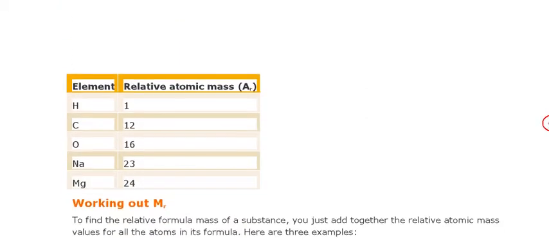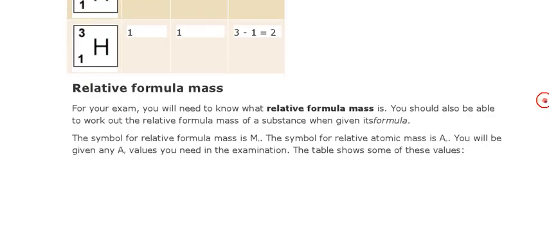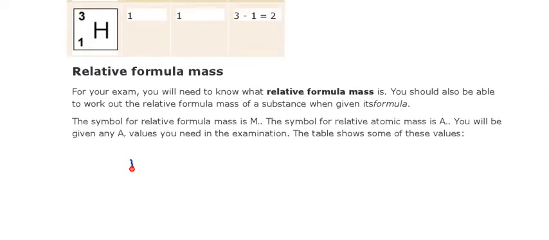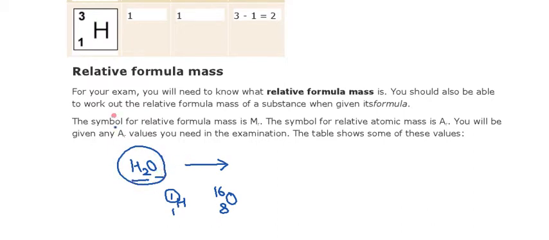For example, you have the formula H2O. In that case you have 2 atoms of hydrogen and 1 atom of oxygen, right? As we know, the atomic mass of hydrogen is 1, and the atomic mass of oxygen is 16. So, how do we get the relative formula mass?